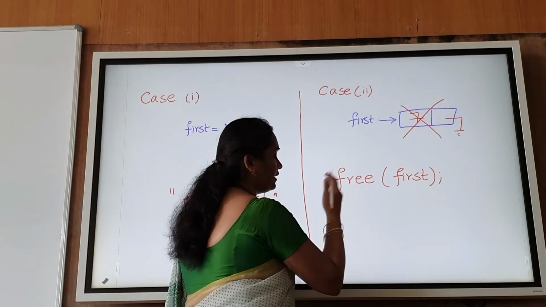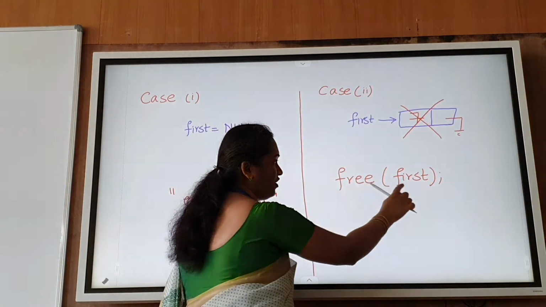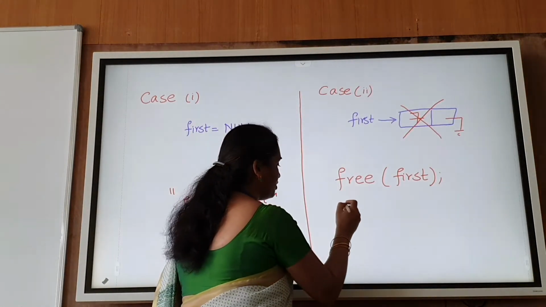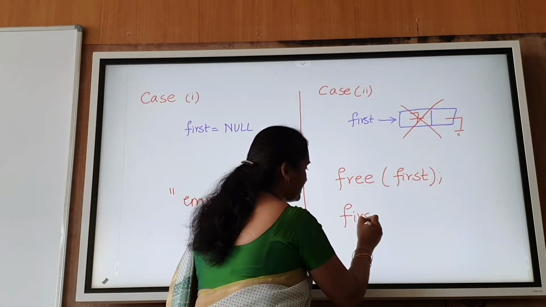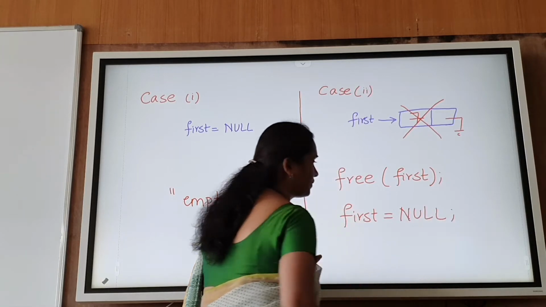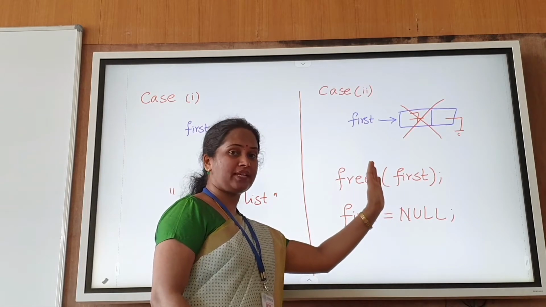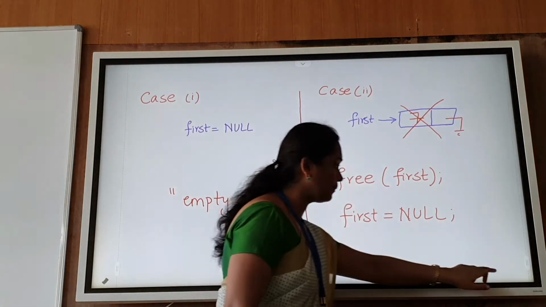First doesn't automatically become null when I call free of first, so it's not by default, and I will have to explicitly say first equal to null. So this successfully deletes the only node existing, and that's the last node to be deleted.